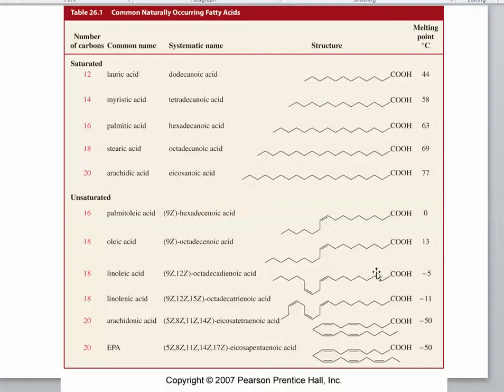So we've already said that with this structure, linoleic acid, this is my carbon number 1, and this would be 2, 3, 4, 5, 6, 7, 8, and 9, and on carbon number 9 is the first double bond according to the IUPAC name. So that's why we see 9Z here. This is carbon 10, this is carbon 11, and this is carbon 12. So carbon 12, there's the Z formation.